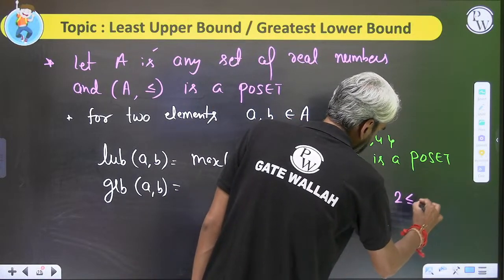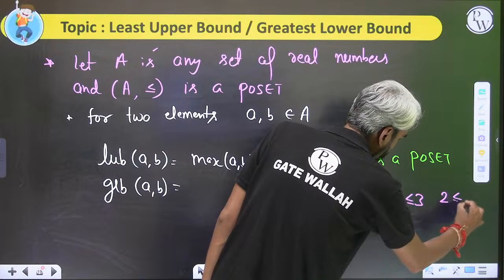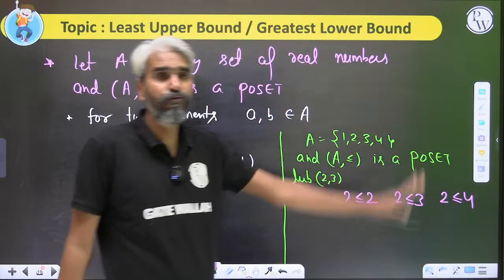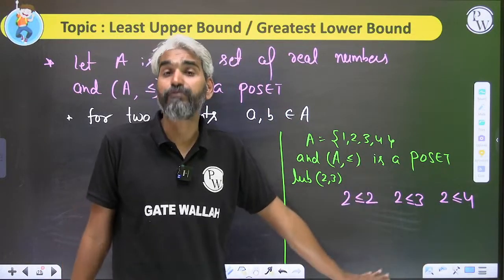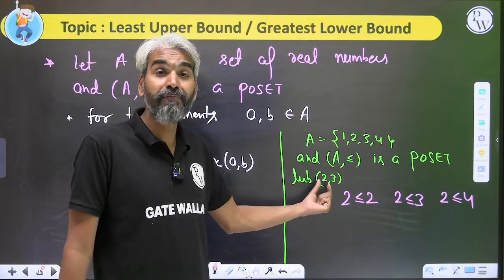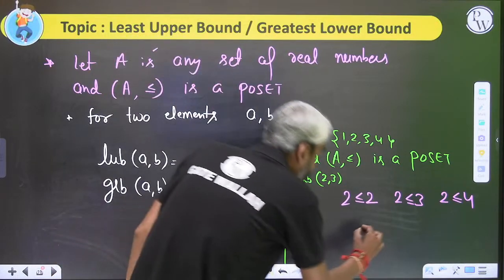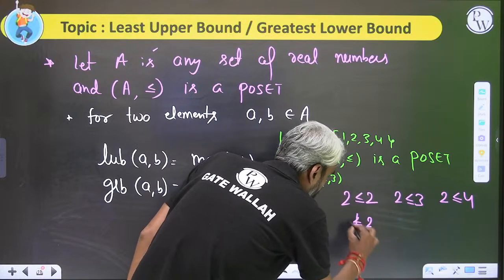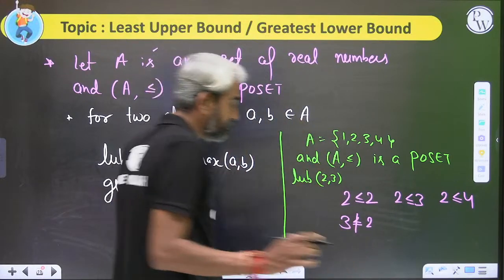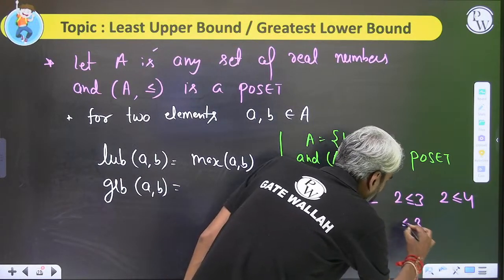Yes. Is 2 less than or equal to 3? Yes. So 2, 3 and 4, all three are on the upper side of 2. Clear? But we need an element which is on the upper side of both 2 as well as 3. So 2 is not on the upper side of 3. Make sense? Now 3 is on the upper side of 3.